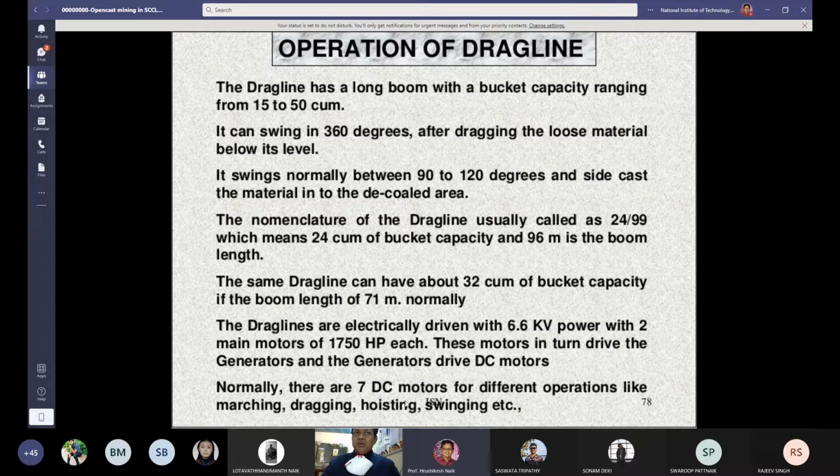Then hoisting, lifting the material, and after that swinging the boom, swinging the bucket to dump the material. So for this purpose, you need 7 DC motors. And this is the way by which the dragline is operated.